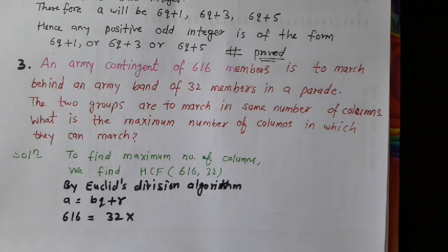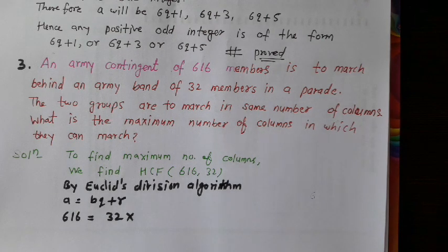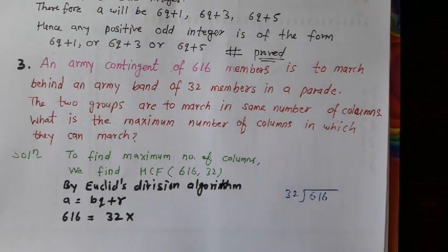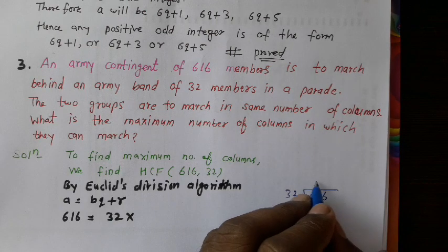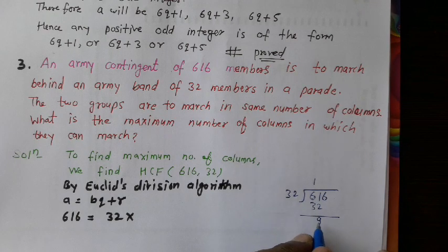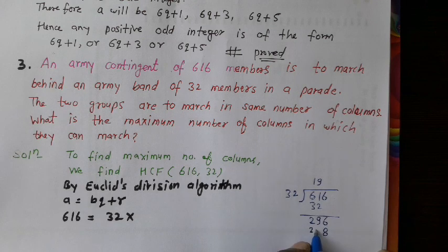Now you have to divide, doing the basic division on the right side: 616 divided by 32. 32 times 1 is 32, remainder 29... you can take 19 as the quotient. 32 times 9 is 288, and 616 minus 608 is 8.